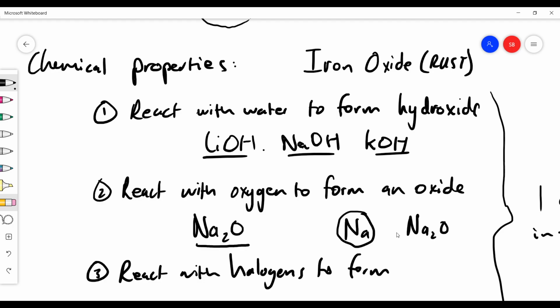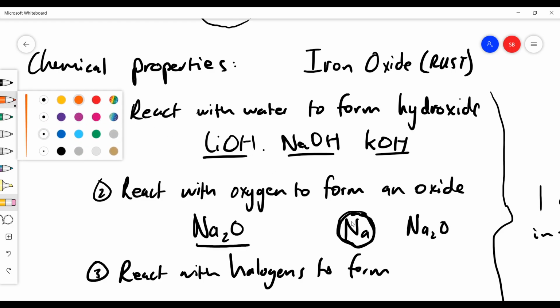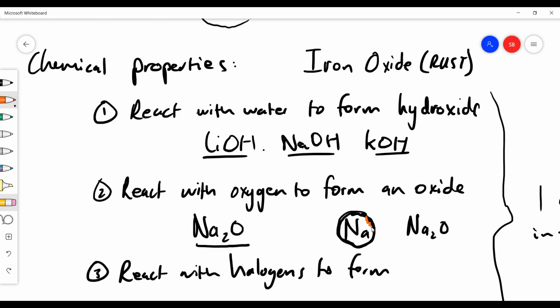So when we form these oxides, if you exposed this sodium to the air, eventually, I'm not entirely sure what the color is, but let's just say it looks like rust. Eventually, this sodium will start to degrade away as it turns into sodium oxide. Okay, and this happens for all the group 1 alkali metals.